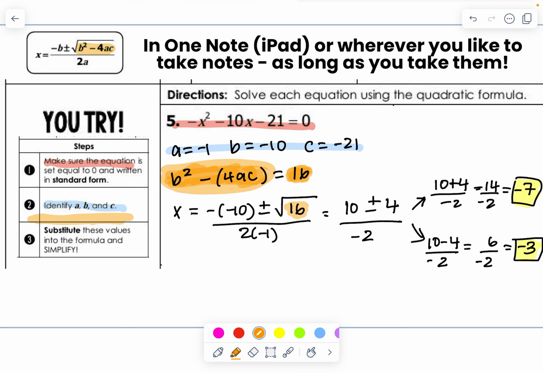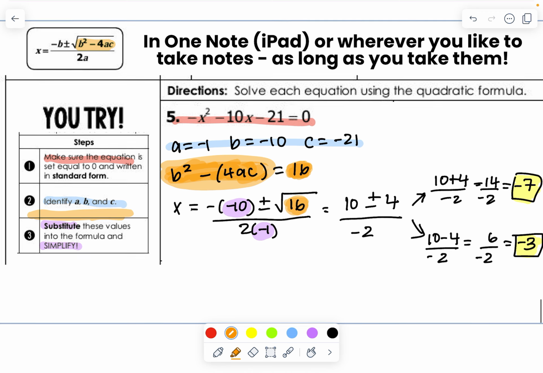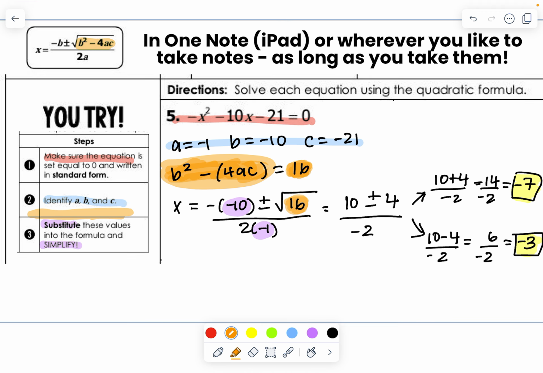Used Desmos, got 16. Step 4, substitute and simplify. Opposite of b over 2a, plug in that discriminant. You would get 10 plus or minus 4 over 2. Careful about that. Then you just simplify it up and you should get hopefully -7 and -3.